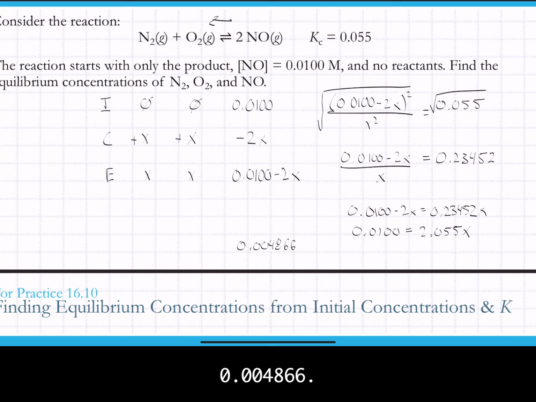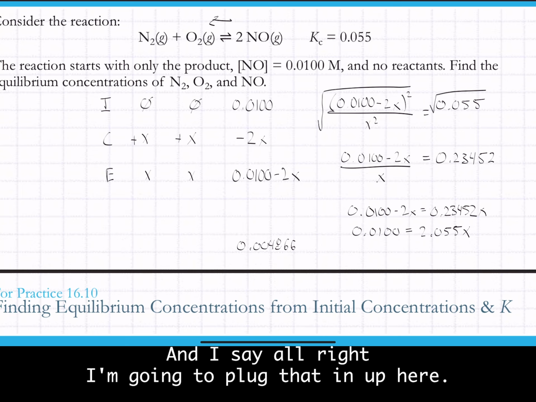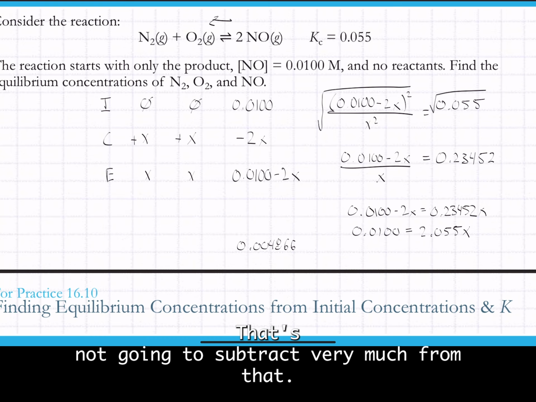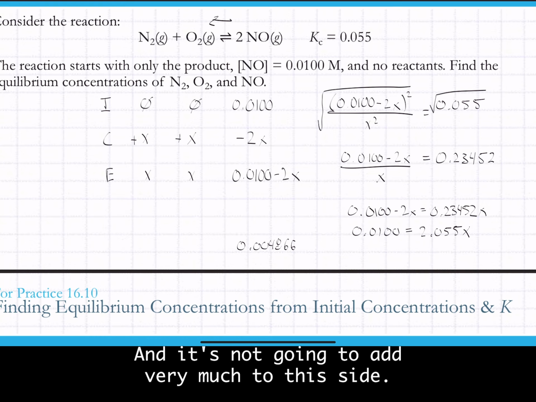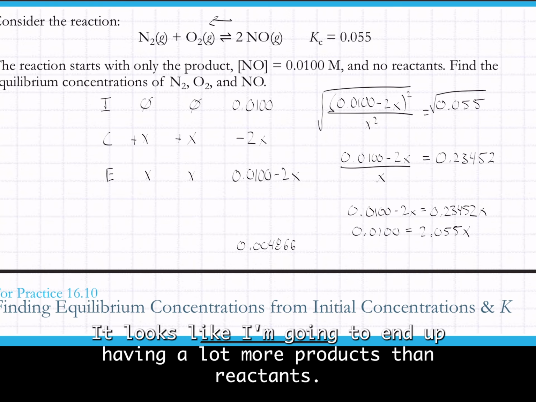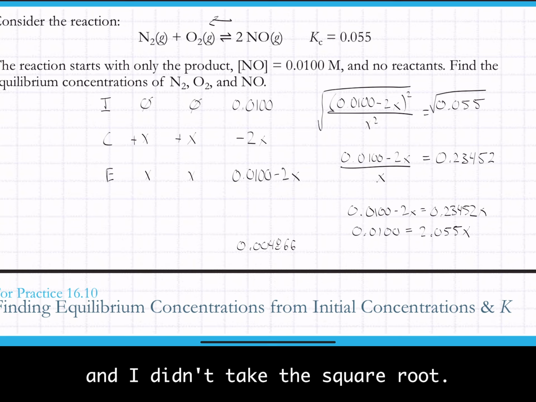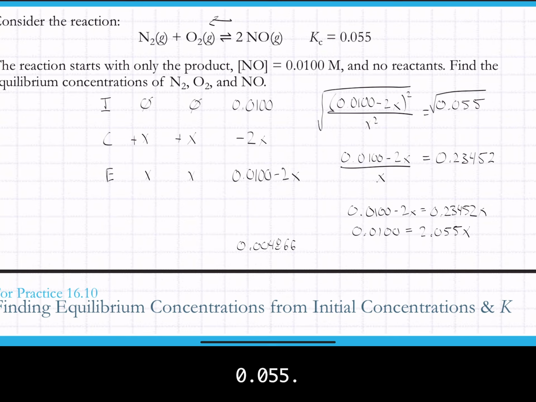So I look at that 0.004866 and I say, all right, I'm going to plug that in up here. That's not going to subtract very much from that, and it's not going to add very much to this side. It looks like I'm going to end up having a lot more products than reactants. I must have done something wrong. And then I look back and I didn't take the square root. 0.055.